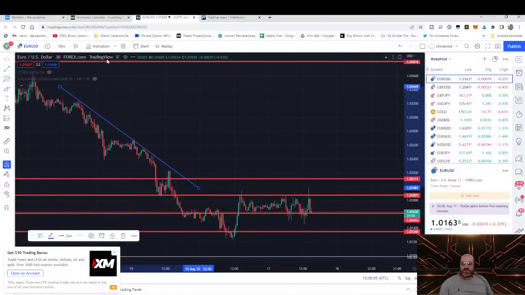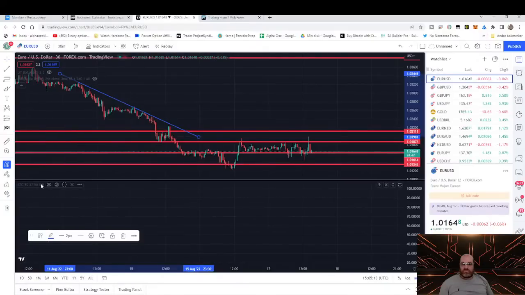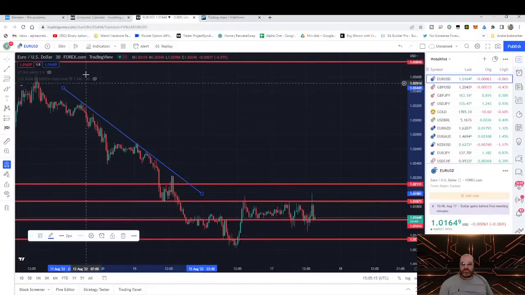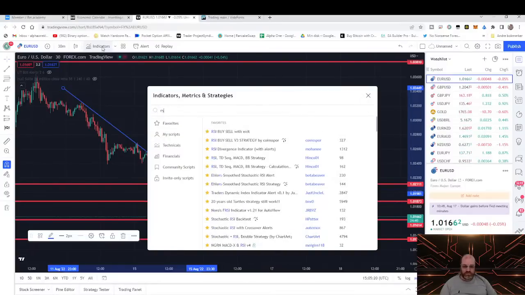Let's bring up the RSI indicator just so you can have a look. Remove this one here. Let's add the RSI just so I can prove a point.